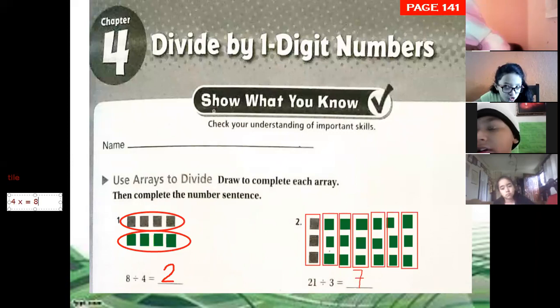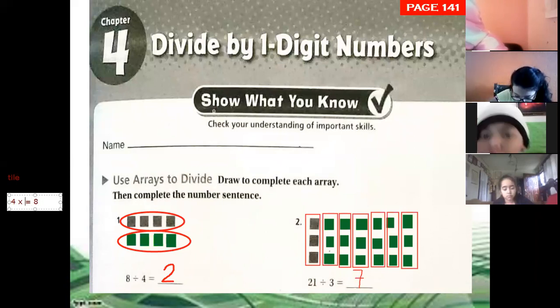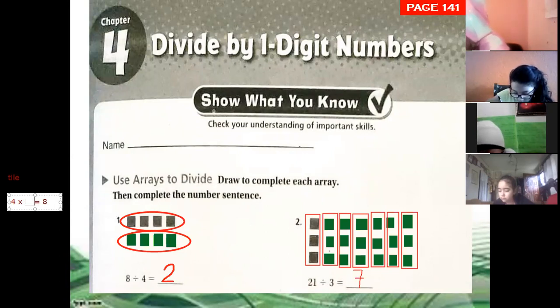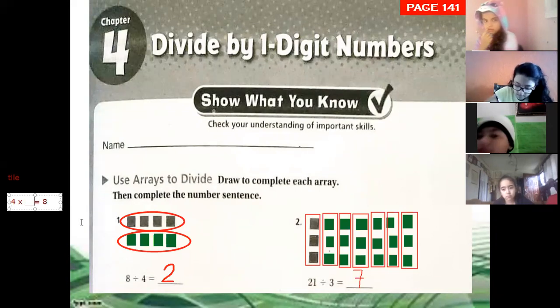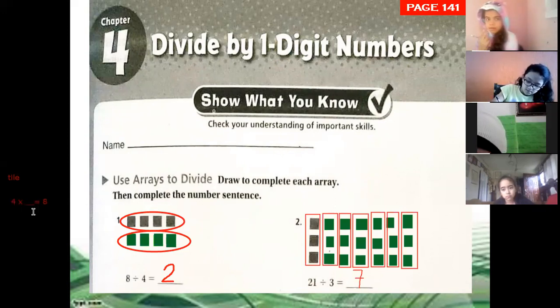Así también usted lo puede analizar. 4 times 2, 8. Exacto. Entonces usted ahí encuentra el número que le falta. Piense en una multiplicación. But you have to use this number. Tiene que usar los 2 números para encontrar el tercero que le falta. So in this case, 4 times 2 equals 8.